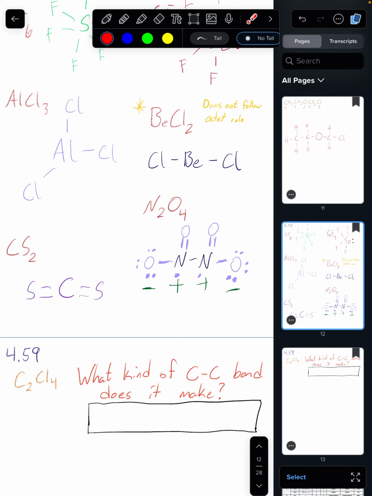It's having to share that other electron. Most of it is based off of this nitrogen though, having that single lone pair here, making it that positive, and this oxygen not having anything else, a negative.